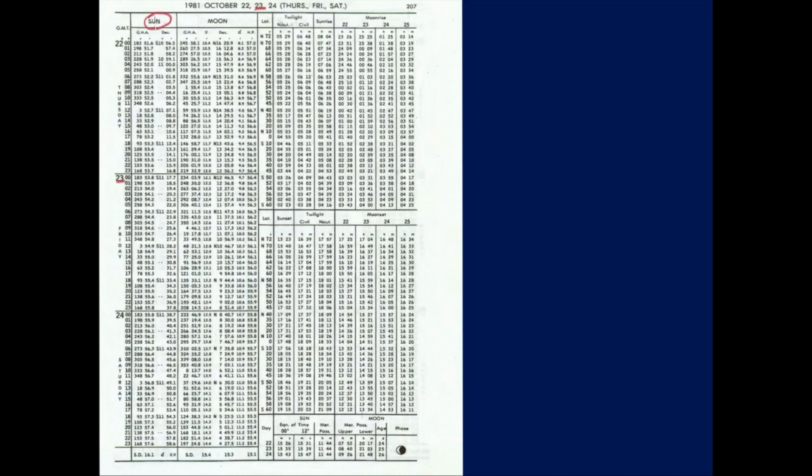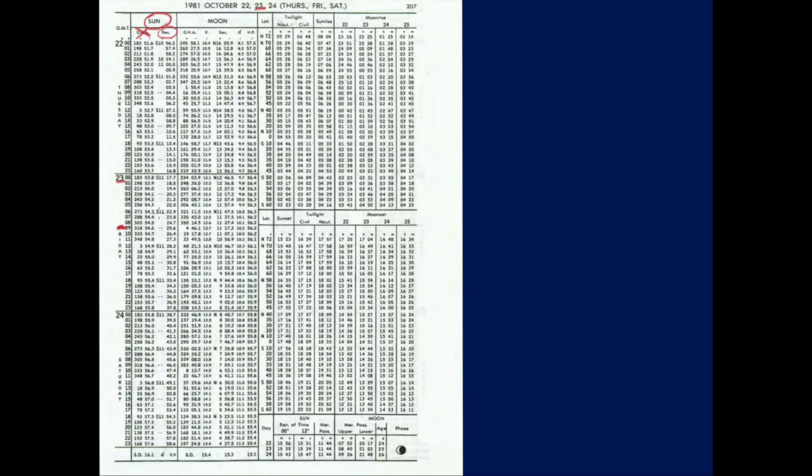You've got to make sure that you're looking at the right thing. We're looking at amplitude of the sun. 23rd, Greenwich Mean Time, 0900, right here. This is what we're interested in, the declination. GHA stands for Greenwich Hour Angle. We will need that for different types of problems, but not this.